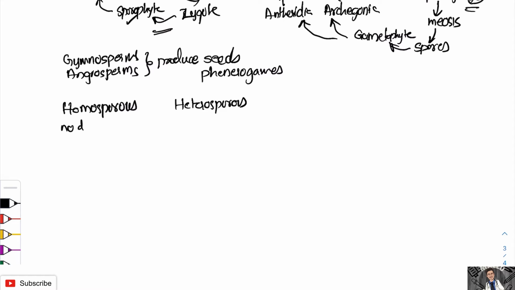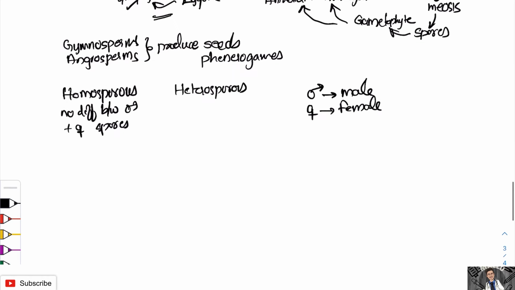Actually, we write this notation for male and this for female. So there is no difference between the male and female spores in the homosporous condition, whereas in heterospory there are two types of spores, the male spores and the female spores.